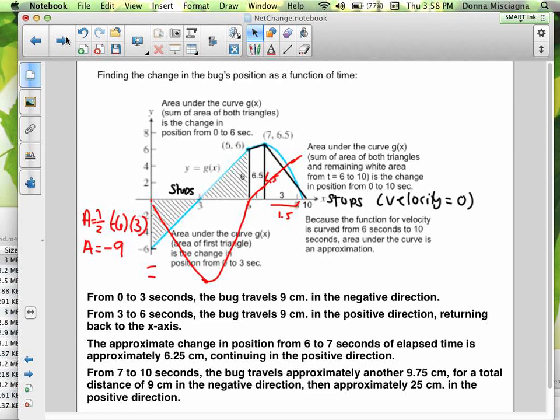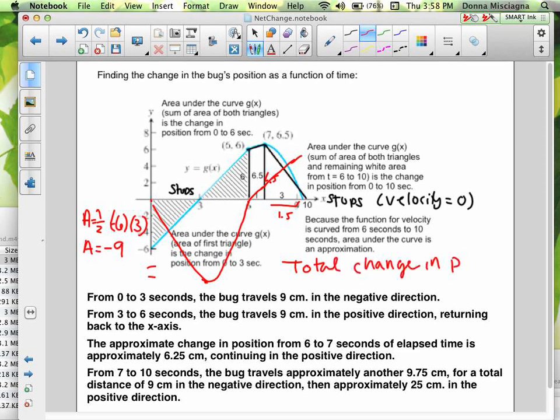So for a total distance of 9 centimeters in the negative direction, and approximately 25 centimeters in the positive direction, the total change would be negative 9 plus approximately 25, so that would give us 16.